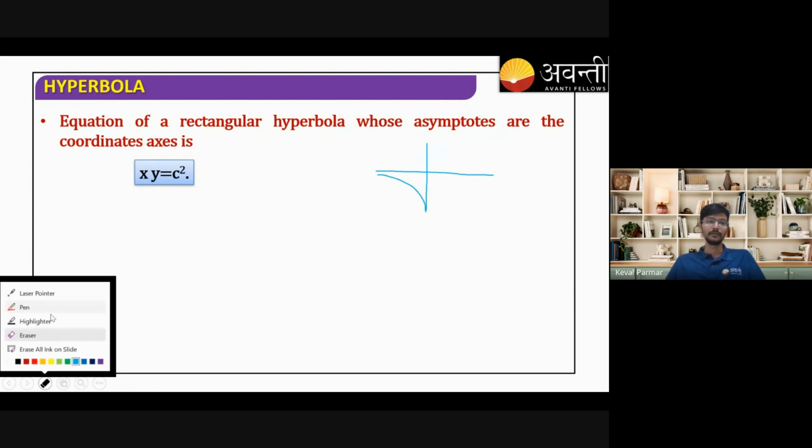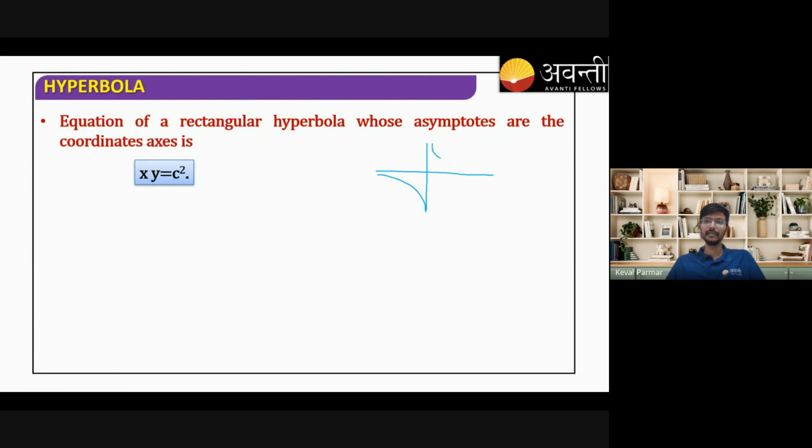The rectangular hyperbola will look like this. See, the curve is in the first quadrant and the third quadrant. That means x and y are either both positive or both negative. So if we put any point from the first quadrant and the third quadrant in the equation of the hyperbola, it should satisfy.